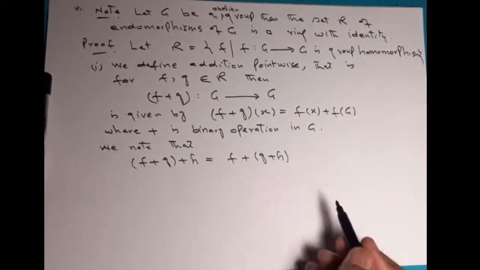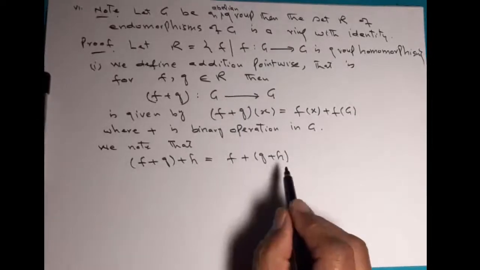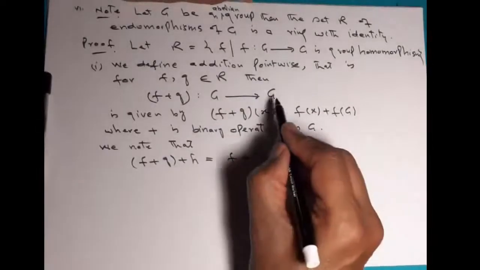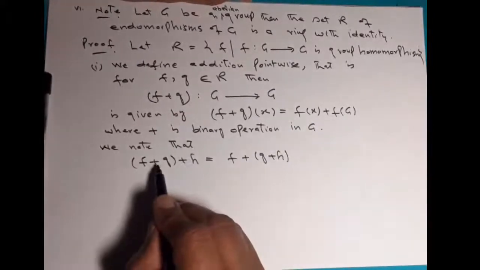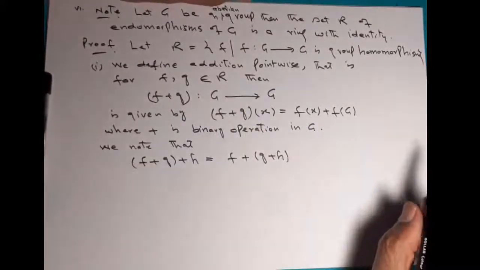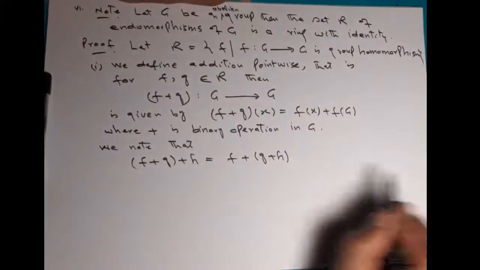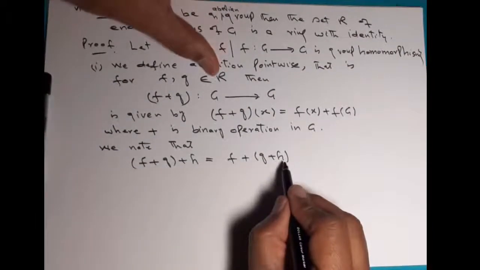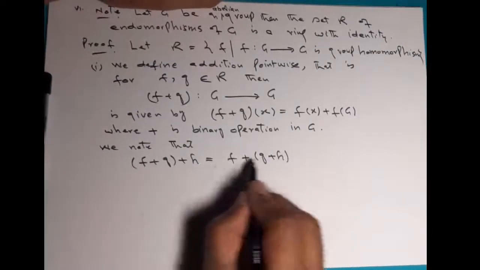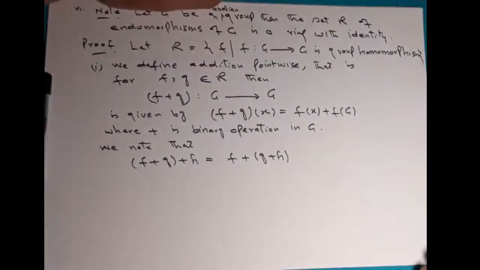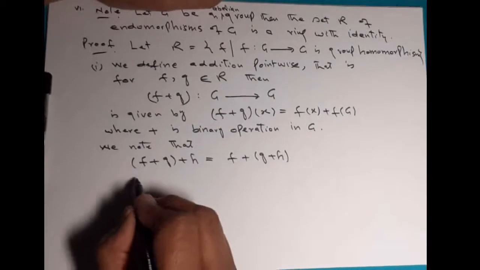This is the associative law, and it is very simple because the associative law holds in group G. So this law is going to hold in R as well, though we still have to prove that this is a ring. So associativity holds. Next, 0.